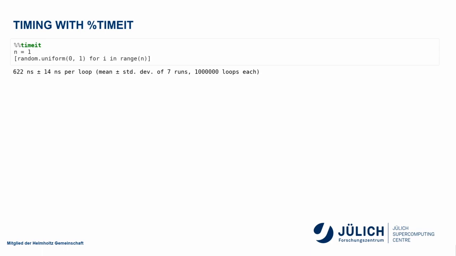Well, it actually did 7 runs with 1 million iterations of this each, measured the 1 million operations, divided it by the time that it took, and the mean and standard deviations are actually done over those 7 runs. It will adjust the number of loops that it does depending on how long an operation takes, so you can both time fairly slow and fairly fast operations.